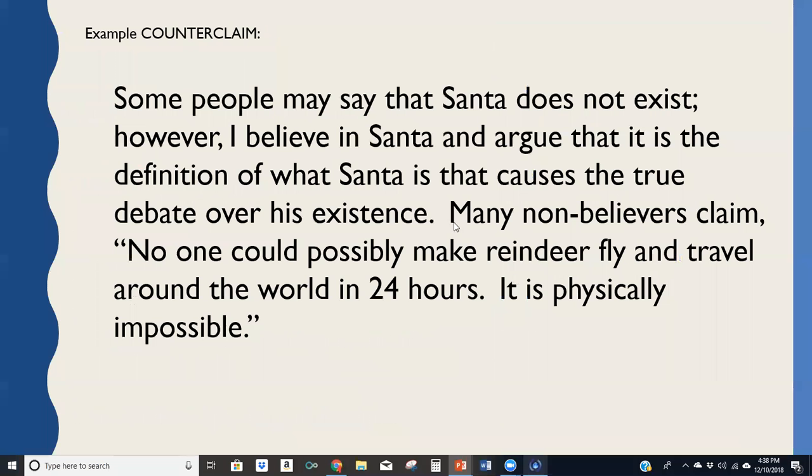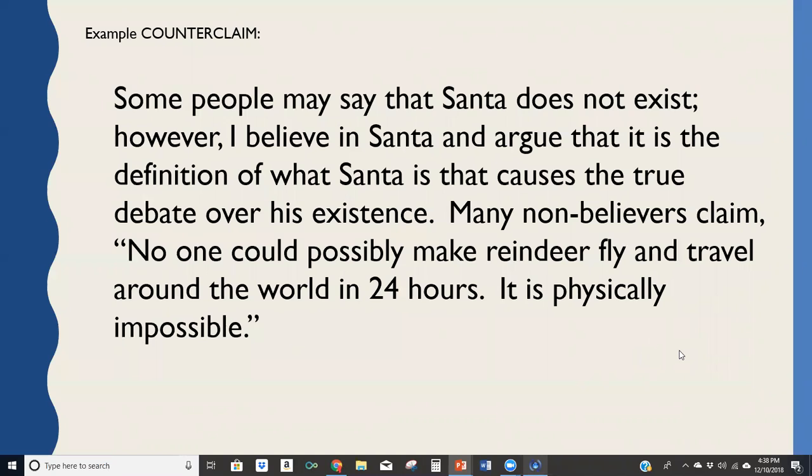So this is my example. This would work as my topic sentence or my first couple sentences in my paragraph, and I am looking at whether or not Santa is real. That is my topic. So some people may say that Santa does not exist. However, I believe in Santa and argue that it is the definition of what Santa is that causes the true debate over his existence.